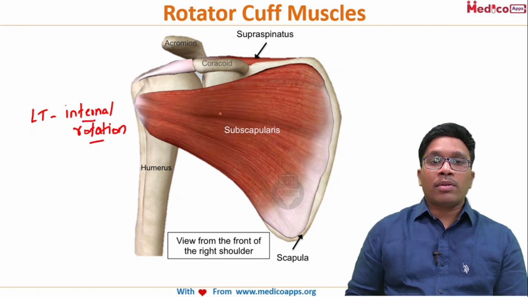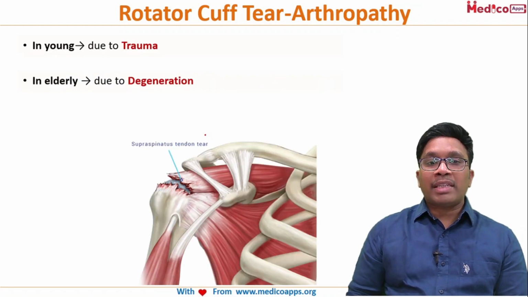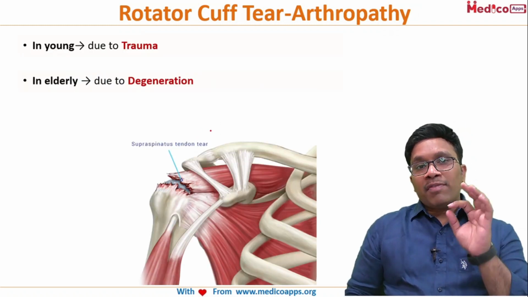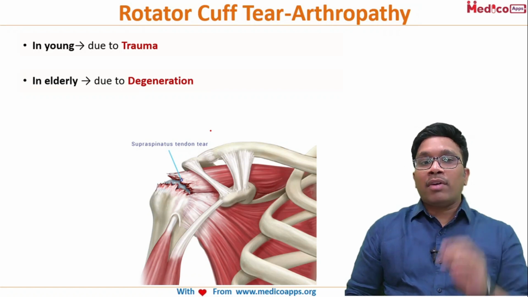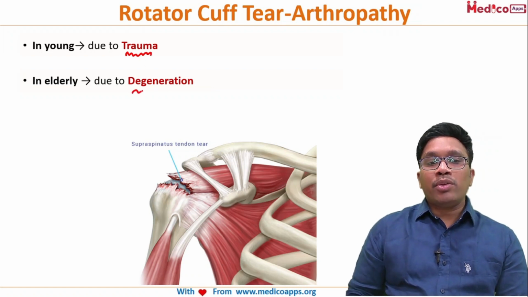Okay, so this is roughly the course of the muscle and the action of the muscle. If you look at tears of the rotator cuff, in young people it is mainly due to trauma. In elderly it is mainly due to degeneration.